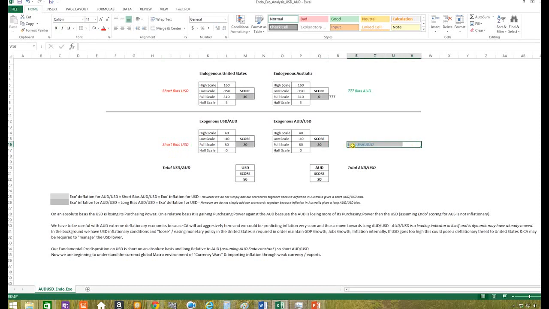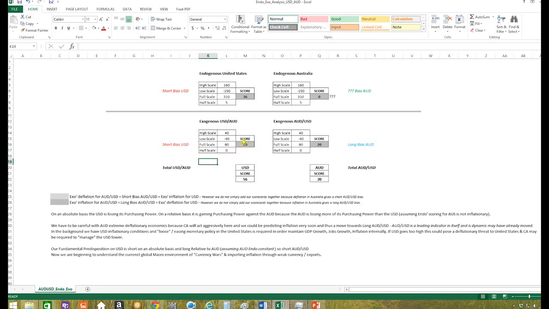from our analysis of the Australian economy, which gives us a default long bias on the Aussie dollar, US dollar exchange rate through the dynamic relativity principle, but it doesn't mean that we have deflation in the United States, because that depends on many other factors.